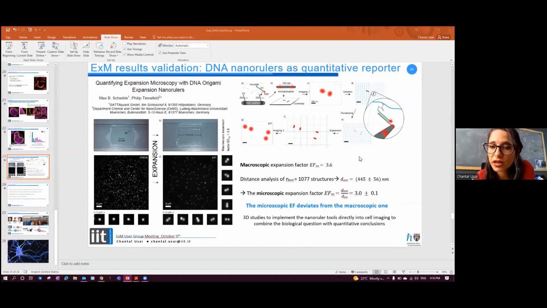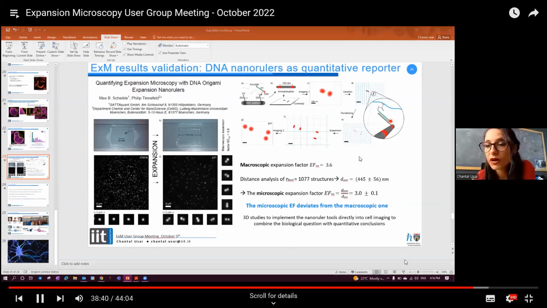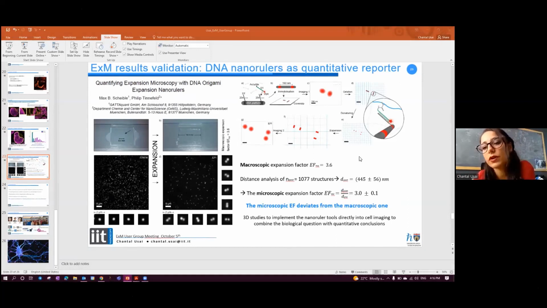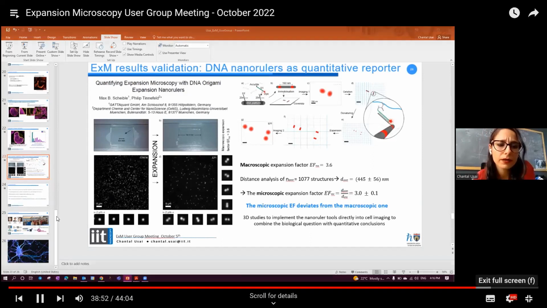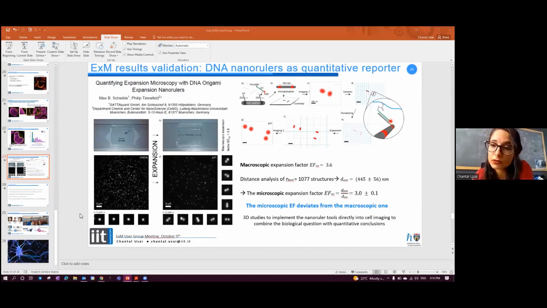Also, Atto 594 is another antibody that I'm using, and I also tried the 532, but I think the retention is a little less. I didn't show it here, but something that I started doing some time ago is to try to restain the secondary antibodies after the expansion.